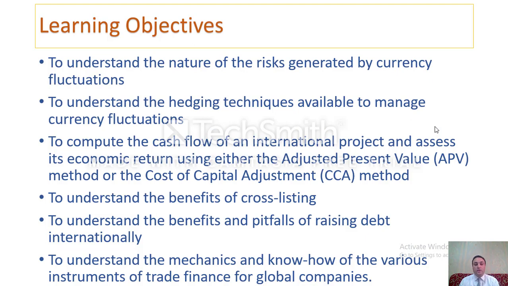So we will understand the nature of the risks that may be generated by currency fluctuations, and also the hedging techniques available to manage them. We know currency fluctuations are the changes in the value of a currency towards other currencies in the exchange rates and so on. Also, we will compute the cash flow of an international project and assess its economic return using either the adjusted present value method or the cost of capital adjustment method.